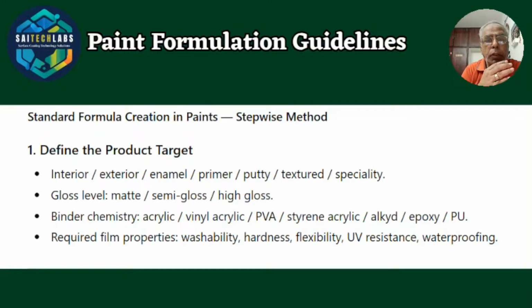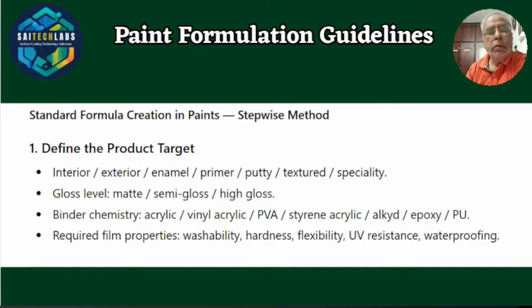For instance, what kind of finish you are looking for, whether it is interior or exterior or enamel or primer or putty or textured finish or any other specialty coating. Then you have to check the gloss level, whether it is matte or semi-glossy or high glossy.